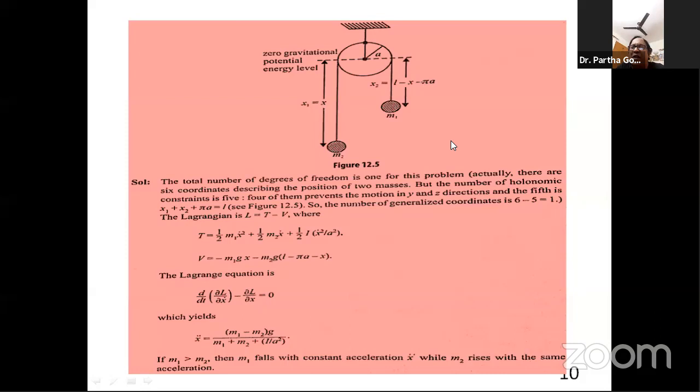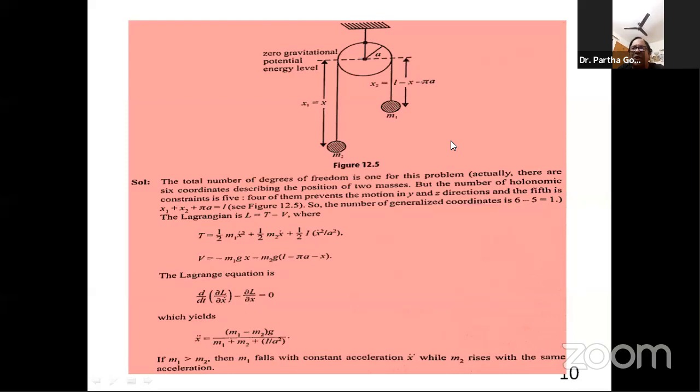I had taken that dashed horizontal line, which is passing through the center of the pulley, as the line of zero potential energy. So the masses M1 and M2 are at depth x and L minus x minus pi a.